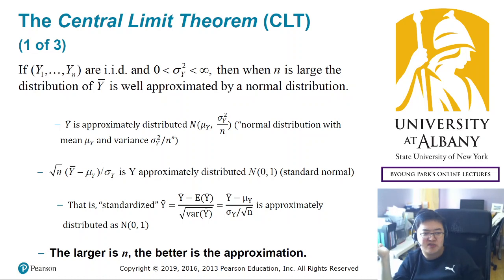If you say it is a normal distribution, then in most cases that should be okay, I believe. Because we learned that the mean is mu and the variance is sigma squared over n, combined with this normal distribution result, you can say that y bar, the sample average, is approximately a normal distribution with those two parameters, right?